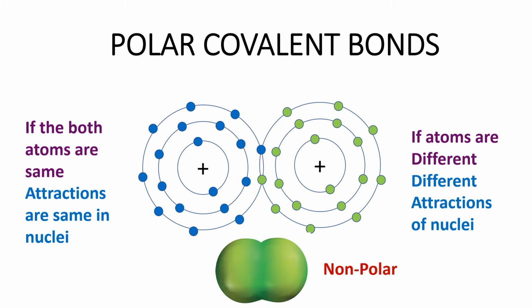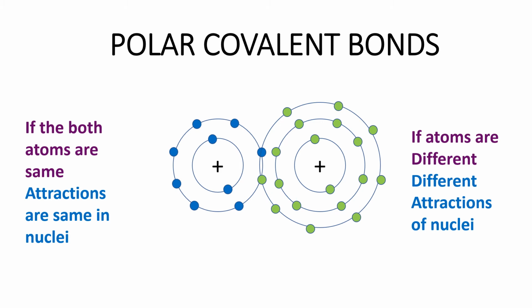However, if the atoms are different, for example one atom is chlorine and the other one is fluorine, they may have different attractions of nuclei because both don't have the same electronegativity. That means different electronegativity can exist if the two atoms are different.